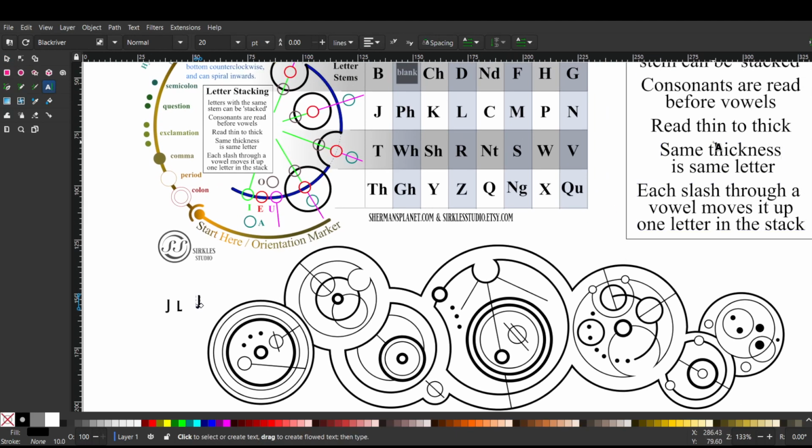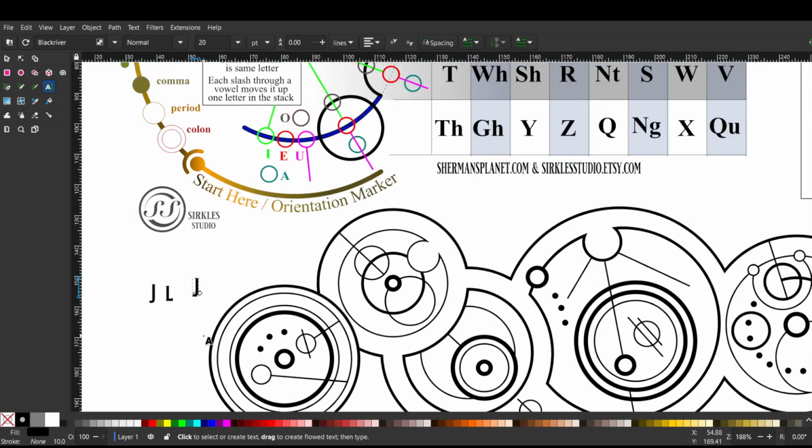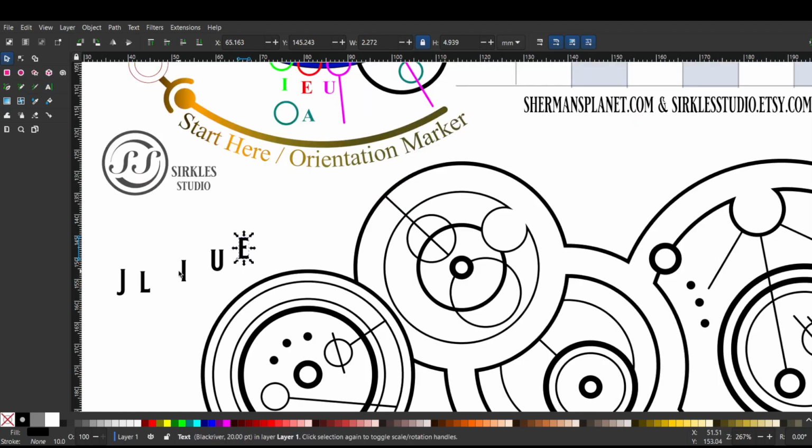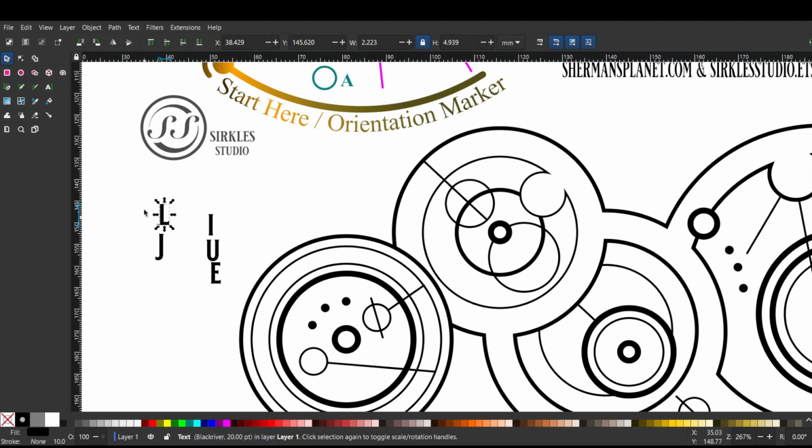Consonants are read before vowels, so we have the I, U, and E. Okay, currently we have them set up like this. So we know that our consonants are before our vowels.